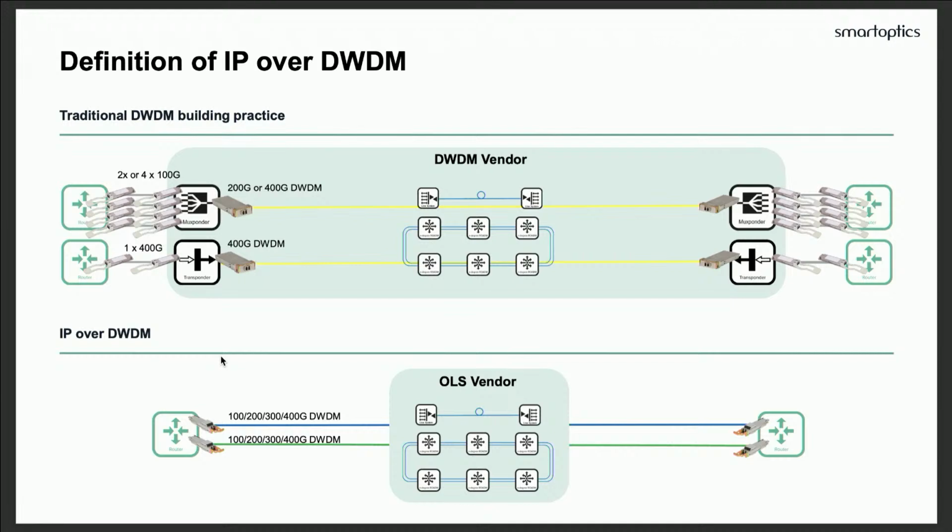With today's technology, it's possible to just use an open line system vendor for the DWDM network for multiplexing, amplifying, and routing the waves, with a pluggable DWDM transceiver that sits directly into a switch or a router.